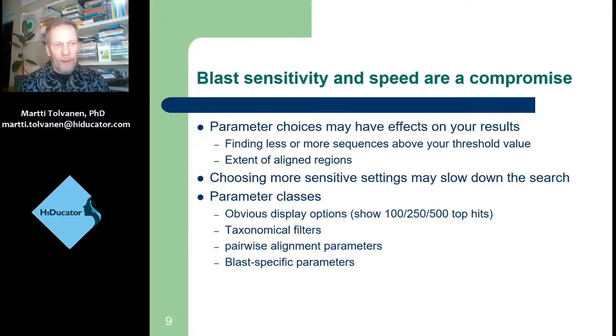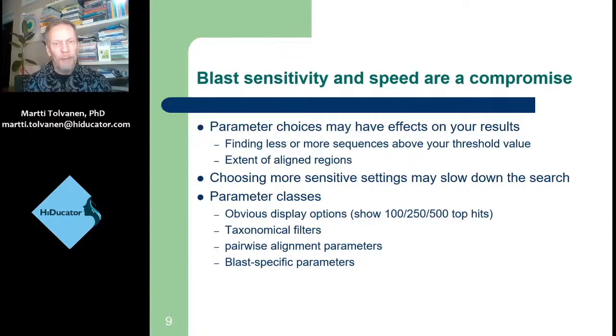And the sensitivity of the first heuristic pass is dependent on some parameters, and the more sensitive you make it, the longer it takes. So it's a compromise where you just have to be happy with something that's proven to be good enough. And we'll look at the parameters here in the next few slides.